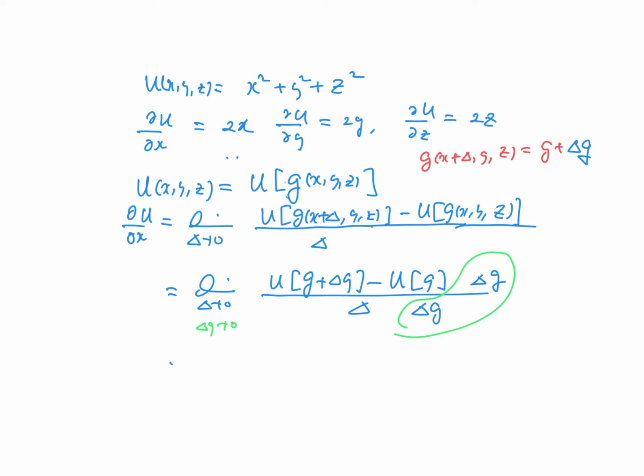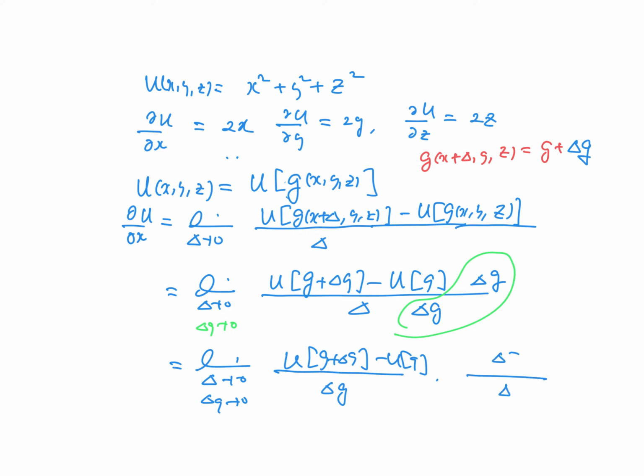So it becomes the limit as delta g goes to 0 of (u(g plus delta g) minus u(g)) over delta g, times (g(x plus delta x, y, z) minus g(x, y, z)) over delta x.